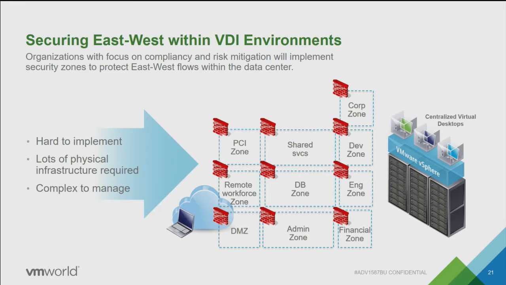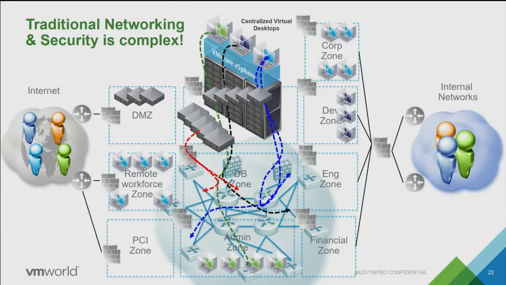And typically, to segment things down to the granular level that you need for a secure security posture becomes operationally infeasible and extremely complex to manage. So basically, you end up looking at something like this when trying to manage this in a virtualized environment. This is not pretty, but this may be a headache some of you are familiar with. I see a couple of guys nodding over here.